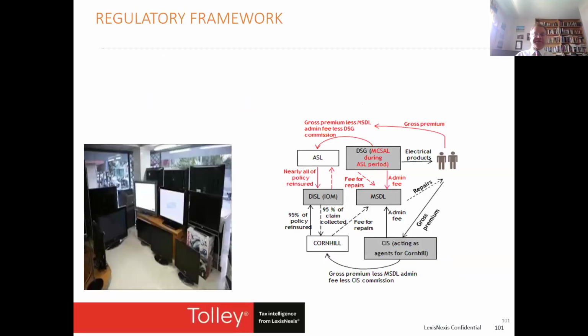If you want to look at case law, I always think the DSG, Dixon's Group, versus CIR, is very important UK case law. Here the Dixon's Group was effectively putting money via the Isle of Man. What was the money they were putting via the Isle of Man? You go to a shop, you buy a washing machine or a TV or a laptop.